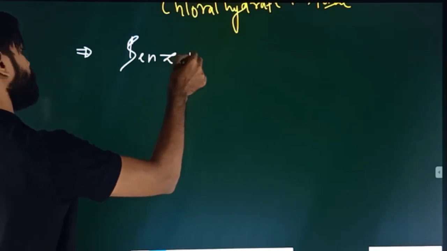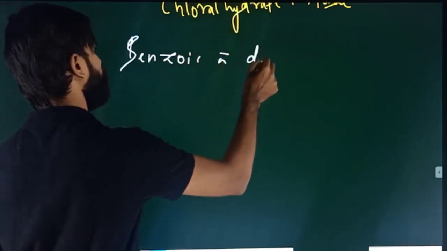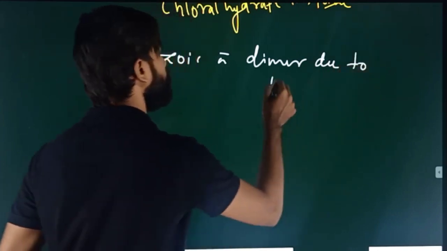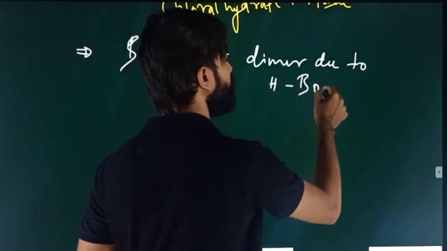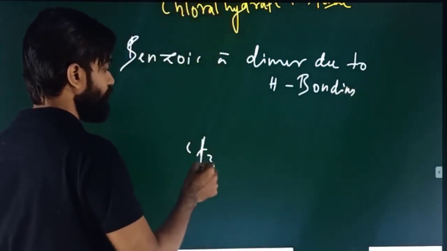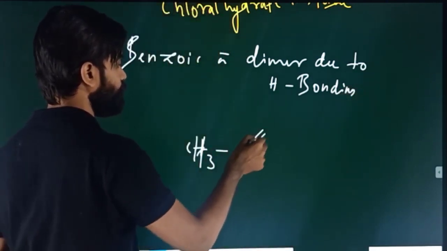Next, I have an application: benzoic acid exists as a dimer due to hydrogen bonding, which increases the association, and thus the boiling point. We all know that benzoic acid exists as a dimer.